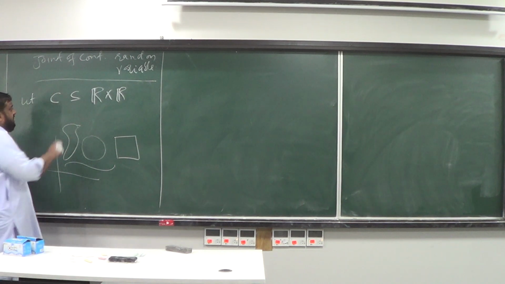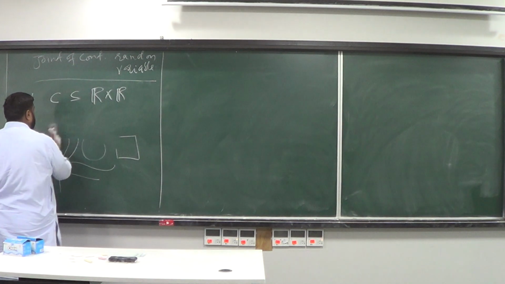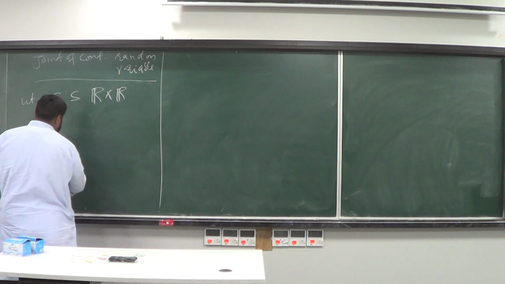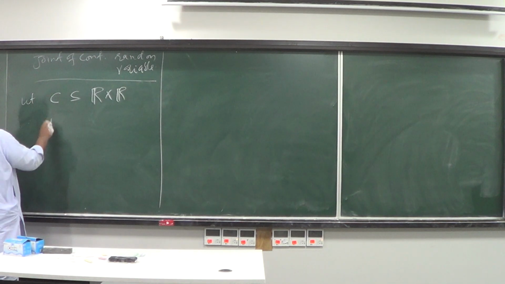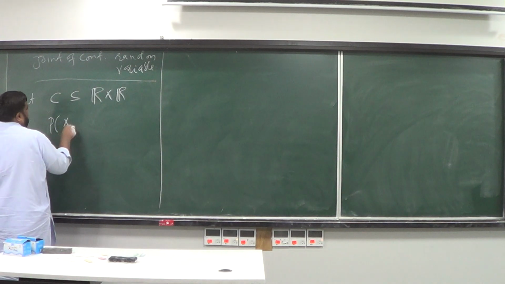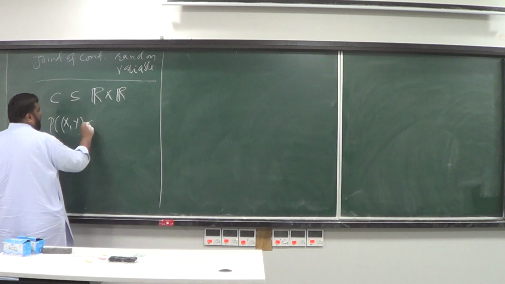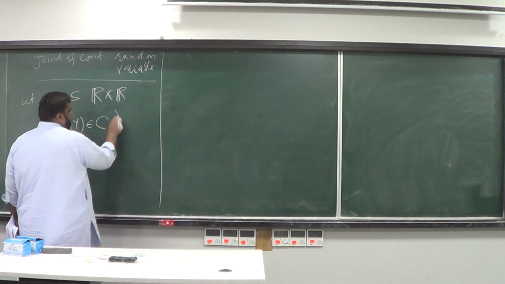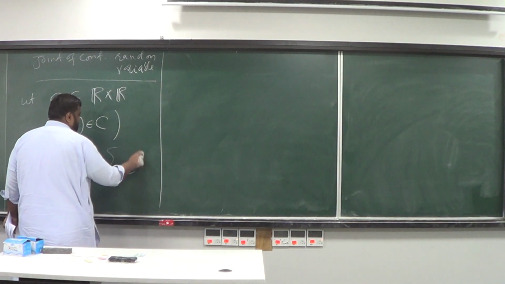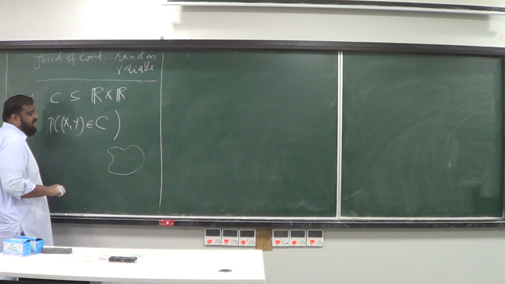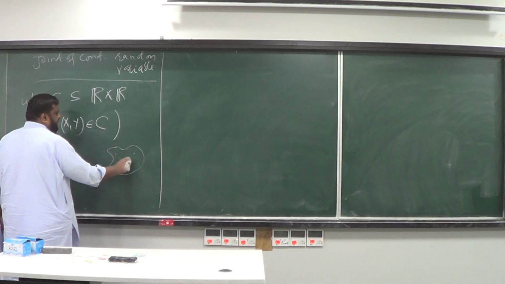So imagine C is a subset of R cross R, and I want to compute the probability that the ordered pair, or the vector (x, y), belongs to this region C. In other words, you take this region in R2, and (x, y) is any point in this region.